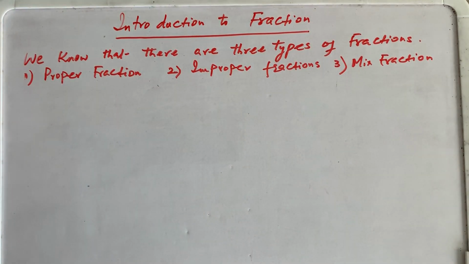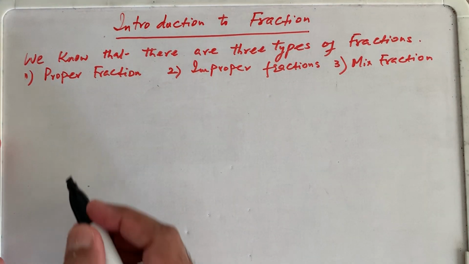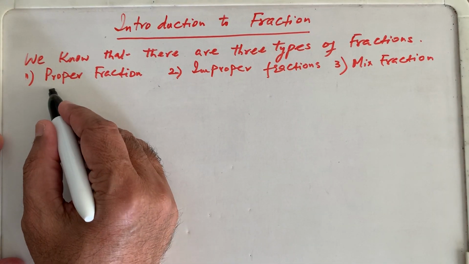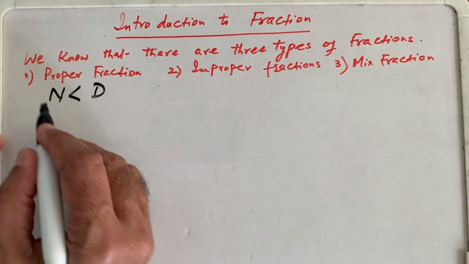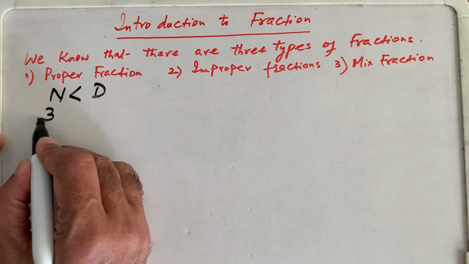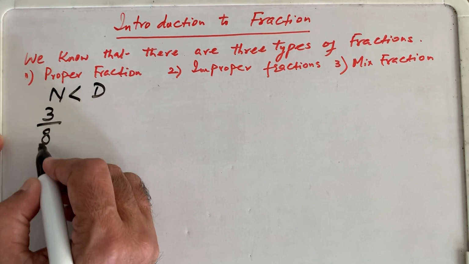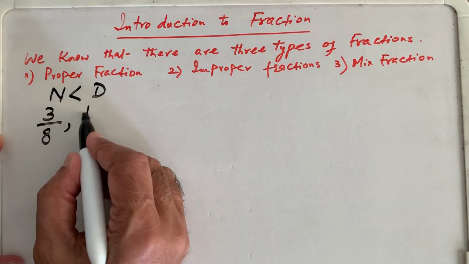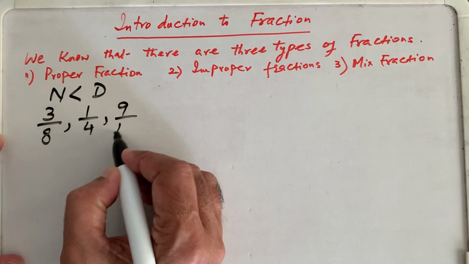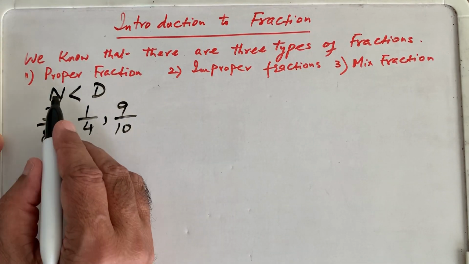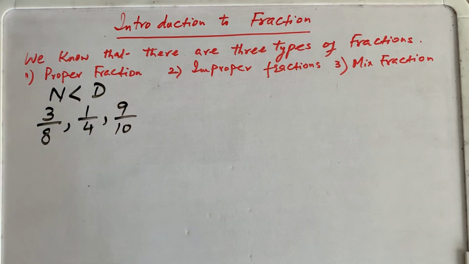We have the definition we learned before, that proper fractions are those fractions where the numerator is less than the denominator, like 3 by 8, 1 by 4, 9 by 10. In all these fractions we can see that the numerator is less than the denominator. So these are all proper fractions.